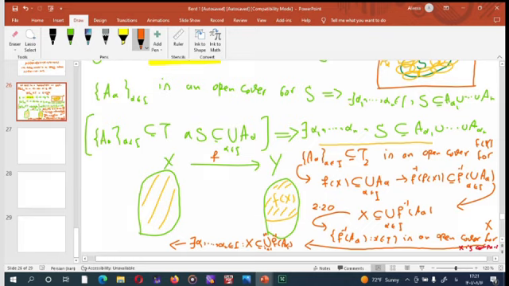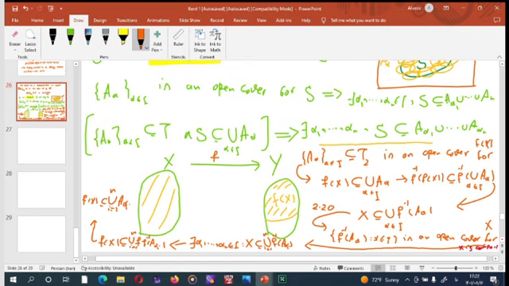Now if we take f from two sides of this inclusion, we see that f of X is a subset of this union f of f inverse of A alpha i, or f of X is a subset, because all of this is a subset of A alpha i, this union, alpha i from 1 to n.